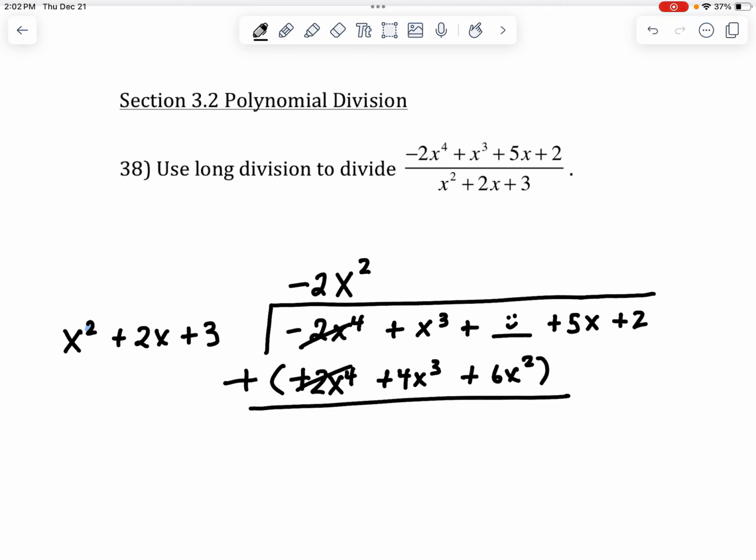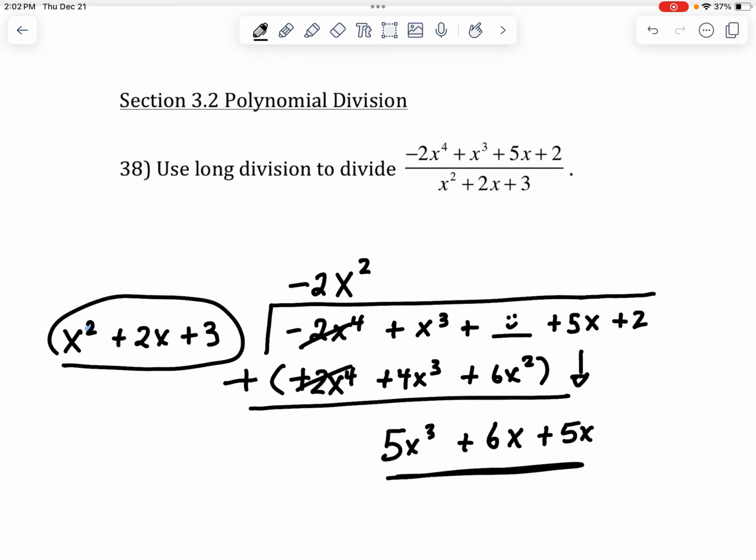That always happens. For the x cubes, that's 5x cubed. For the x squares, there's just 6x squared. And then carry down one term, the 5x. I'm not going to carry down the 2 because this has 3 terms and this has 3 terms, so we're working with 3 terms on each one.